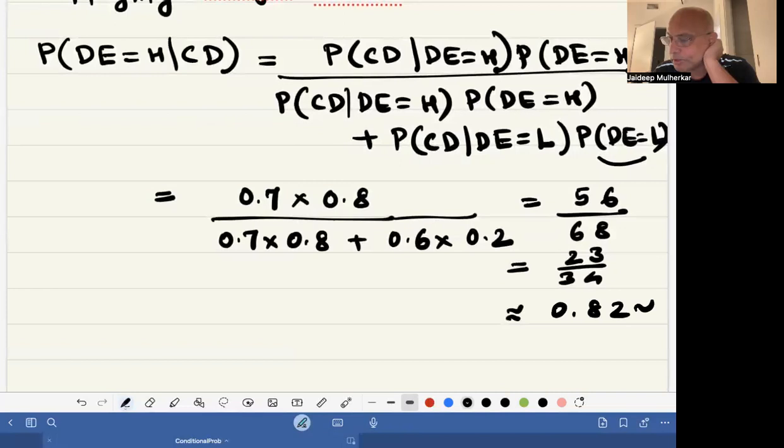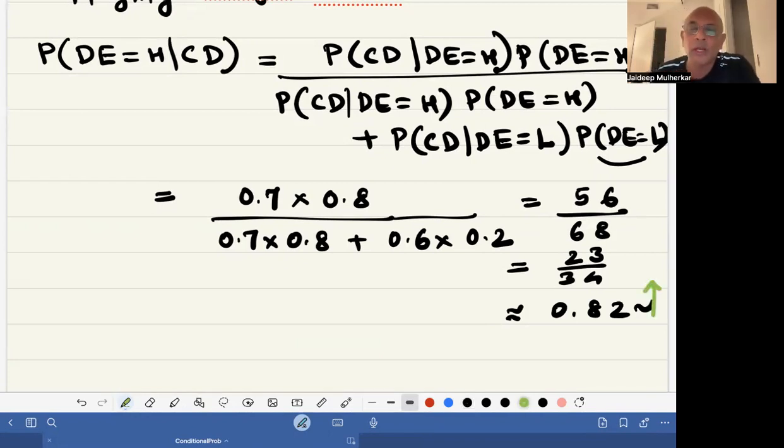Okay, so now with the new evidence, our belief has been updated. Our prior belief that the efficacy of this drug is high was 0.8. The new belief is 0.82. So we've gone up a little bit, and we have more confidence about the drug now.